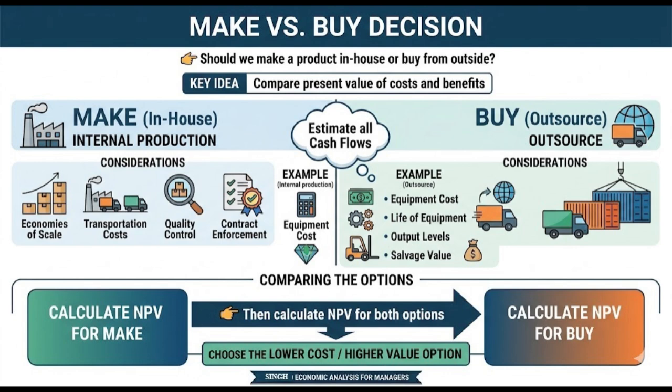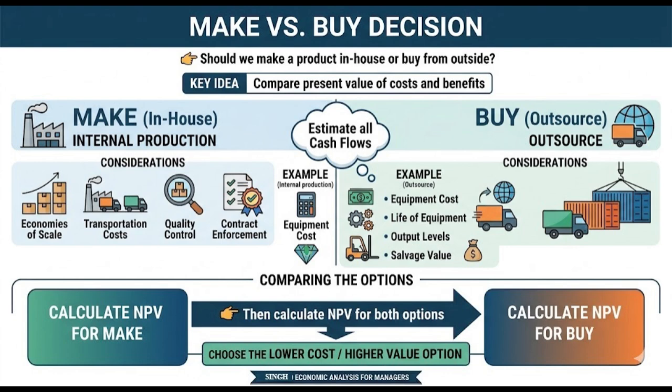For example, when a company evaluates whether to produce containers internally or outsource the work, it must estimate equipment costs, the expected life of that equipment, output levels, and potential salvage value, and then calculate the NPV of both alternatives.